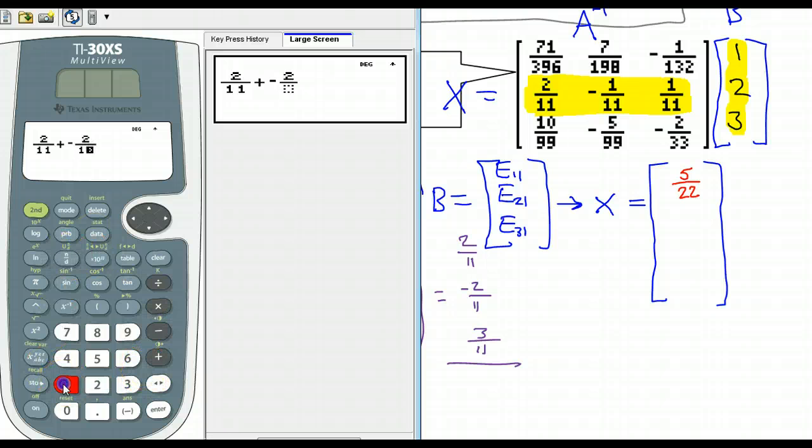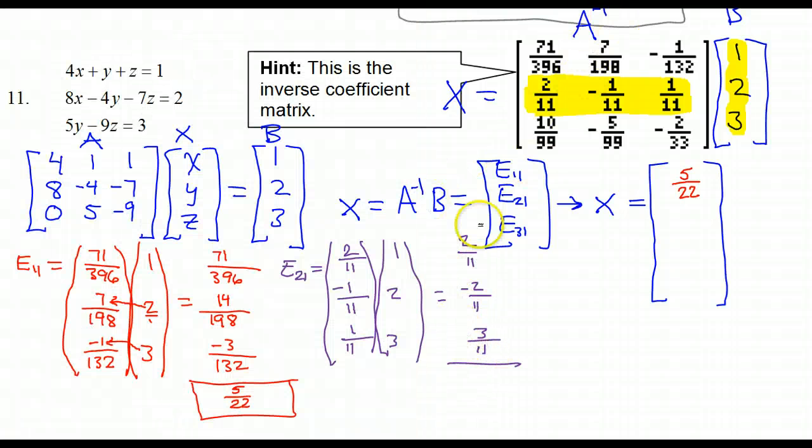I'm sitting here doing this on a calculator, but obviously positive 2 elevenths and negative 2 elevenths, they just cancel each other out and make 0. So the answer is just going to be 3 over 11.